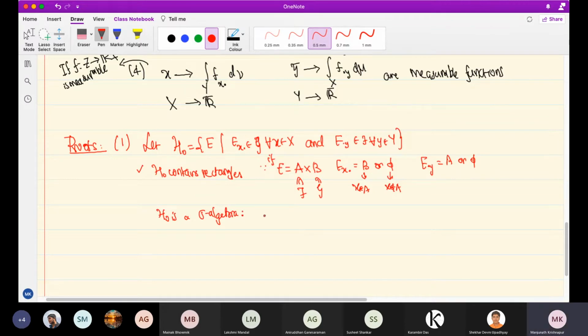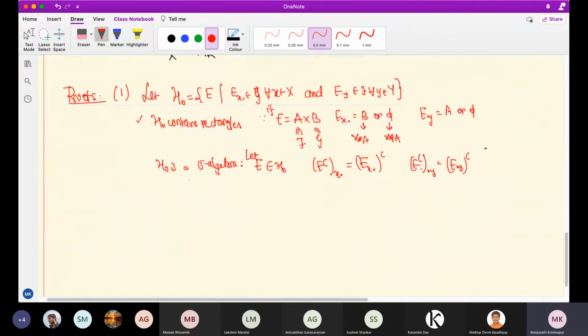Why is that so? Well, suppose E belongs to H naught. Does E complement belong to H naught? What are the sections of E complement? I say it is nothing but the complement of E_x·, and similarly for the other one. Let me do another picture here.